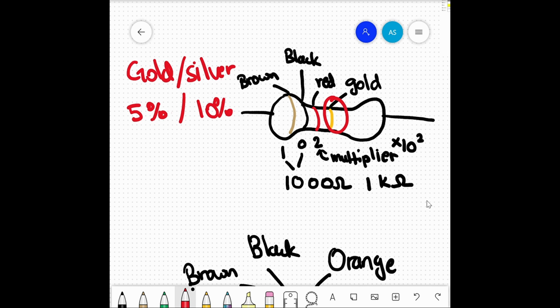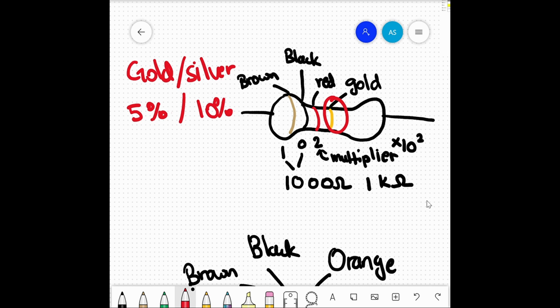There will always be a margin of error due to our limitations of how accurate the resistance will be while manufacturing it. A 10 ohms resistor may actually be 9.75 ohms. If there is a gold band, it means that there is a tolerance of 5% within its specification. If there is a silver band, it means that there is a tolerance of 10%.